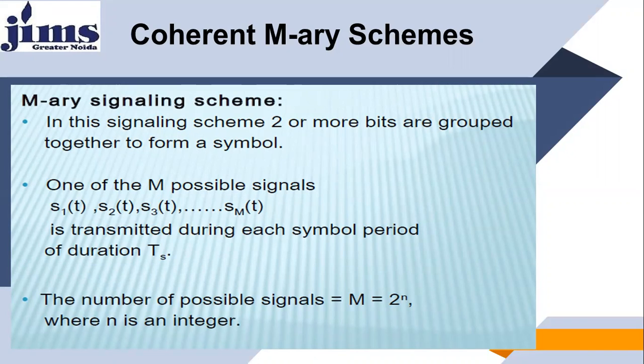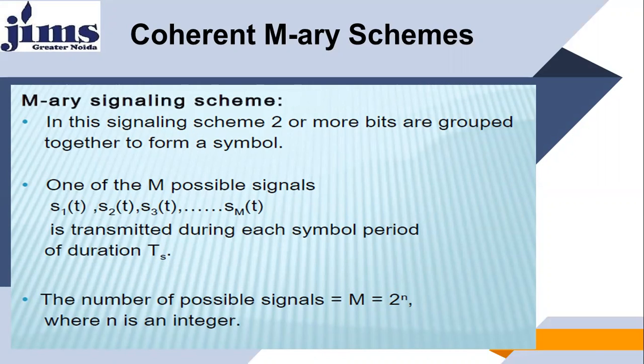For example, in QPSK, when you combined 2 bits to get a symbol, then 4 symbols are possible, and each symbol has its own equation to show. Similarly, if you combined more than 2 bits, again you have M possible signals: S1(t), S2(t), S3(t), S4(t) up to SM(t).